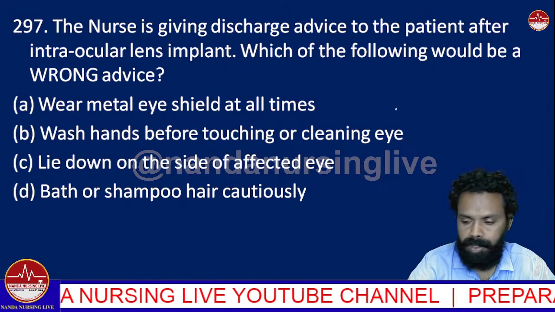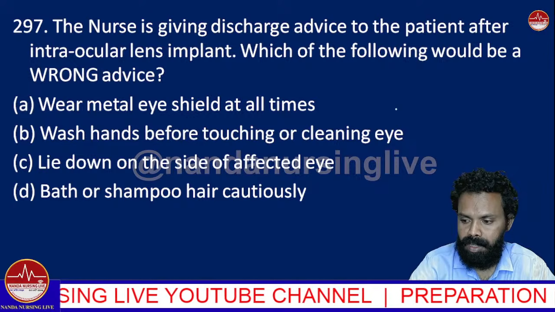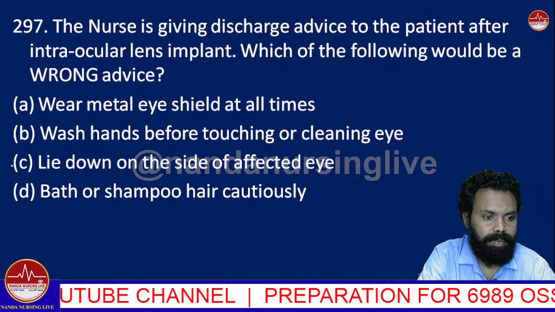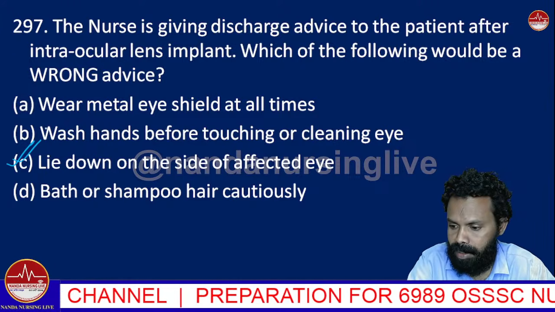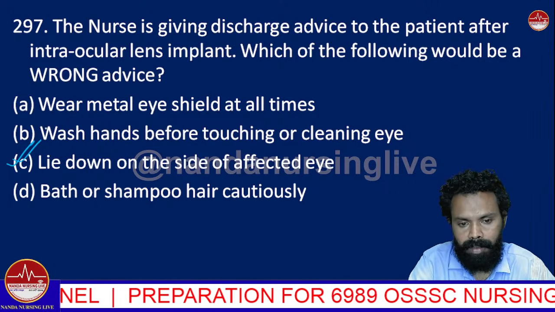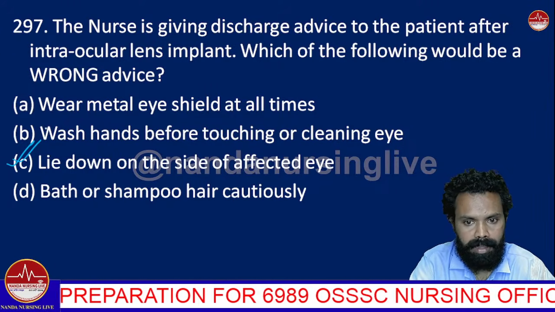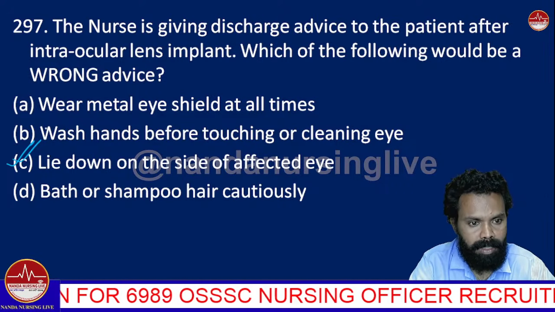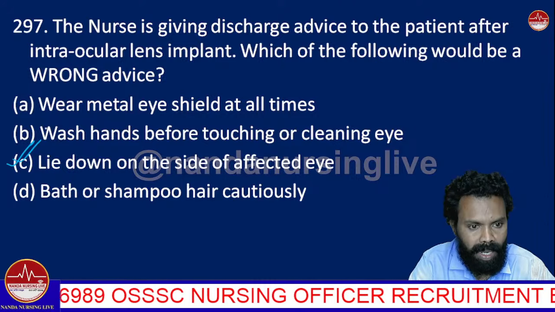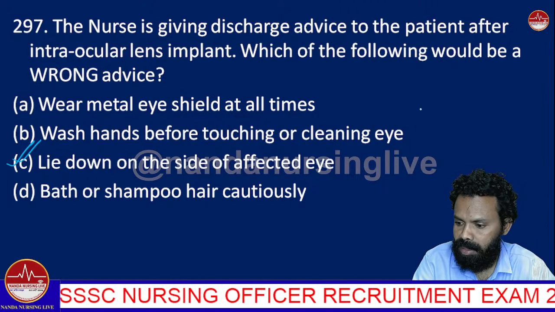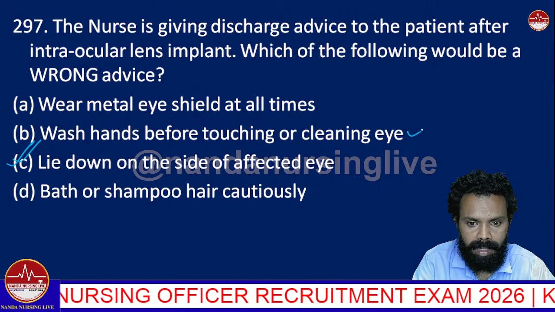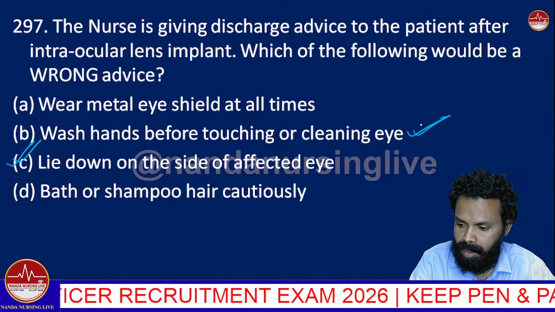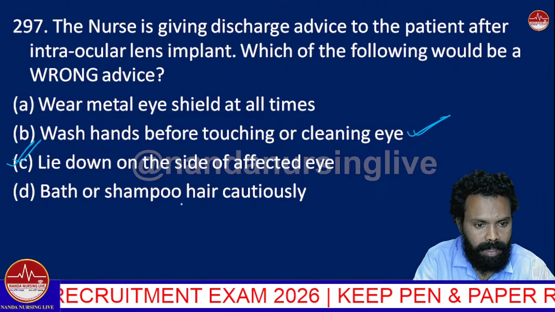So the correct answer is option C, right? This is the wrong advice: lie down on the side of the affected eye. So what is the right advice? Wash hands before touching or cleaning the eye, that is advised.